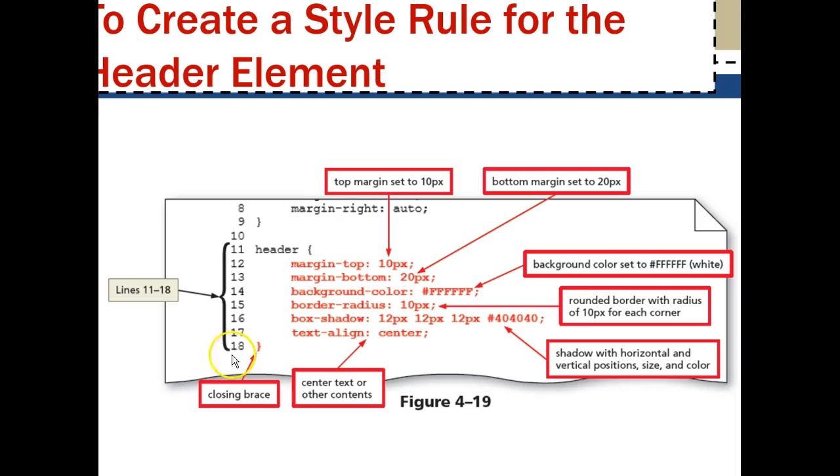So this is some of what we apply here: the margin for the top, the margin at the bottom, the background color, the border radius, a rounded border with a radius of 10 pixels, the shadow with the horizontal and vertical position, size, and color, and also aligning the text to the center.